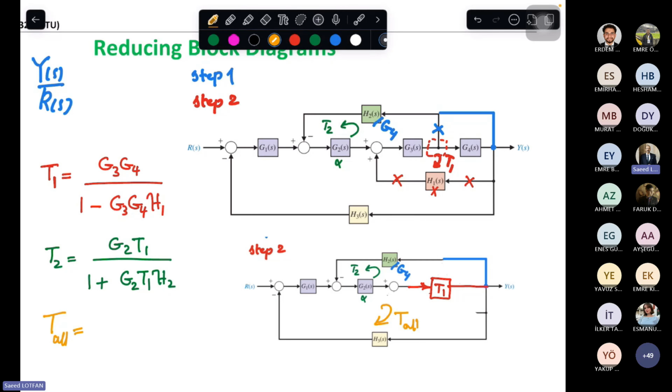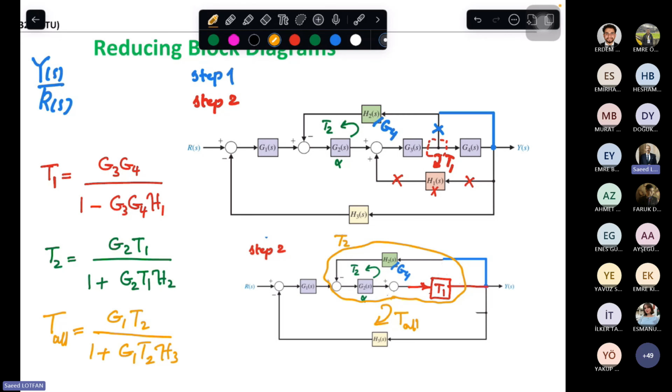I have it like G1 T2, because here it is T2 now, over 1 plus G1 T2 H3.